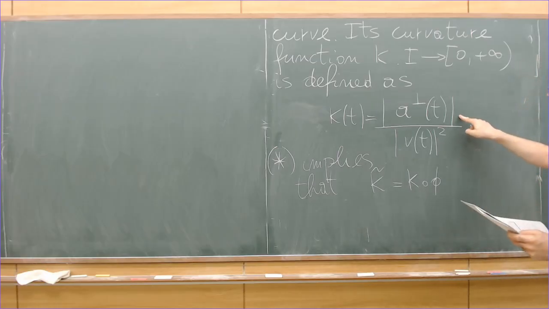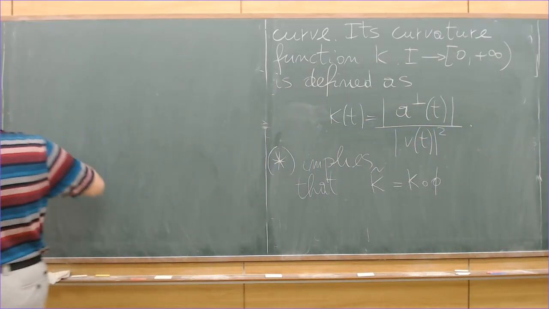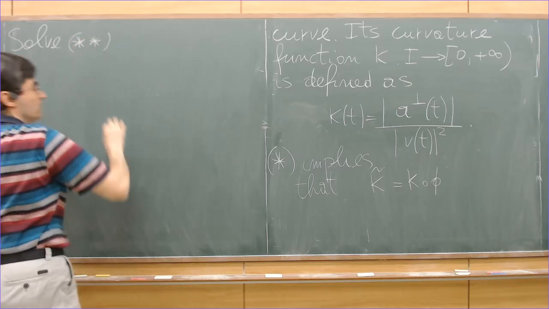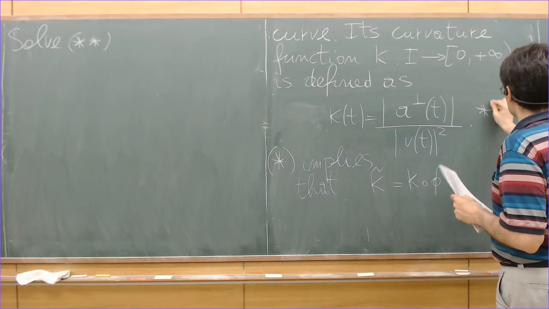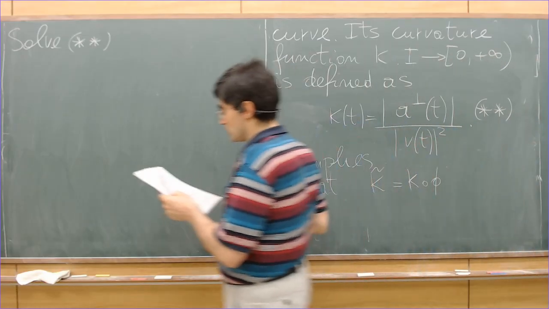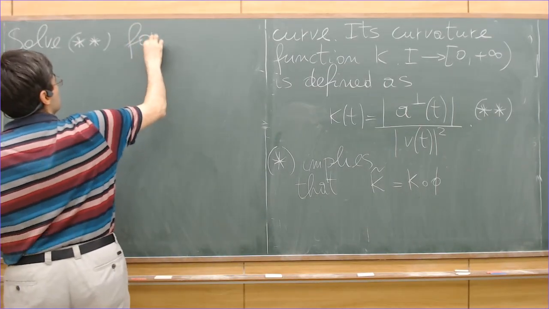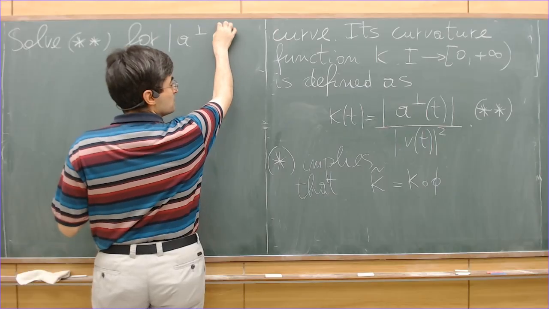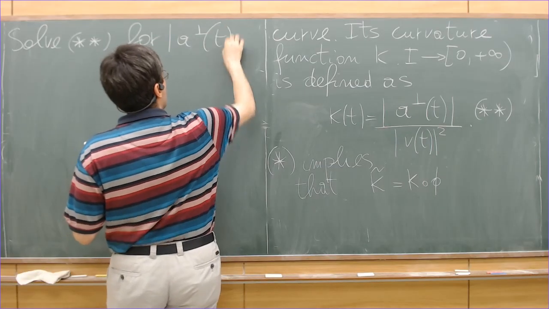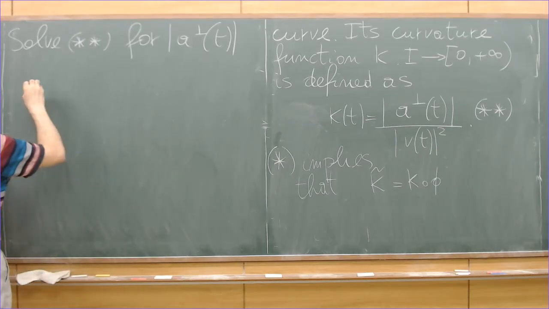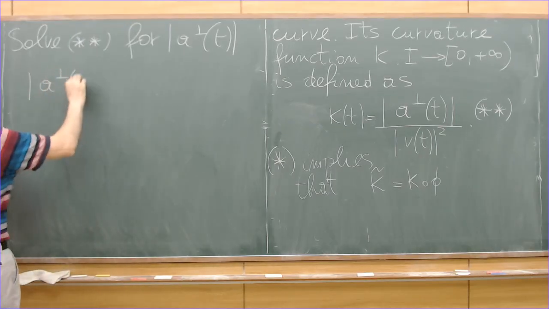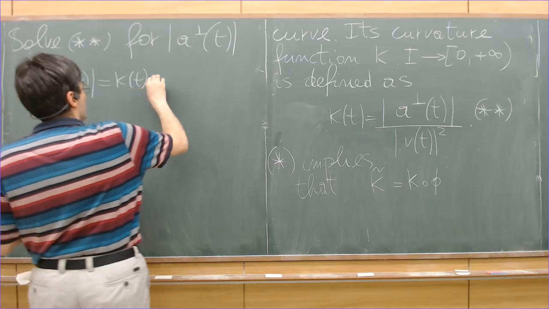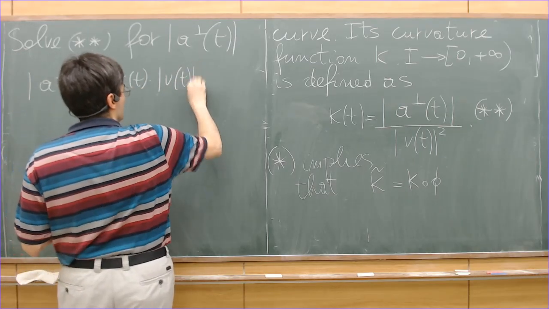If we solve this equation for the length of A orthogonal of t, then we get that A orthogonal of t has length given by k of t times the length of V of t squared.